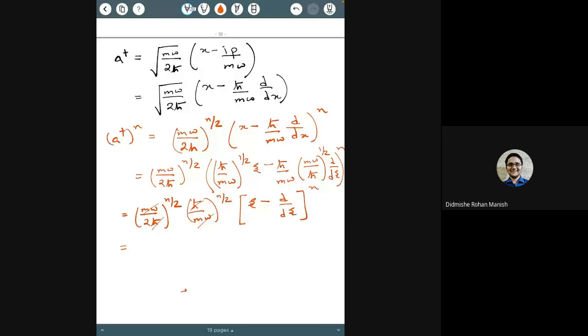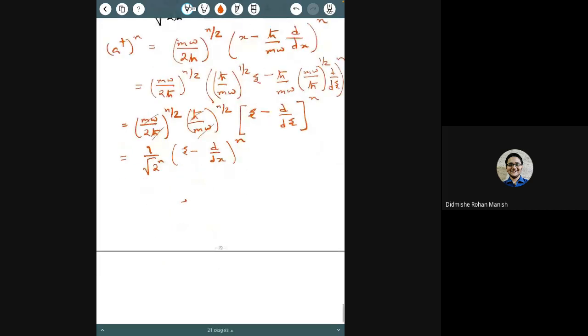So this is 1 by root of 2 to the power n. You get that from this first factor. And then you have xi minus d by d xi whole to the power n, so 1 by 2 to the power n.